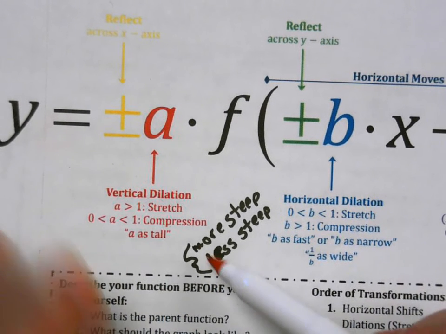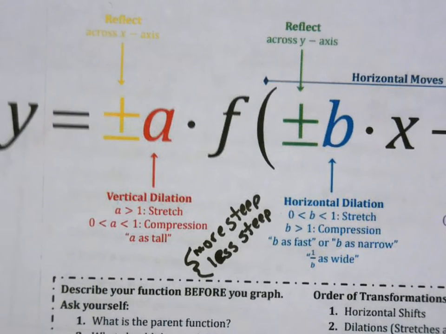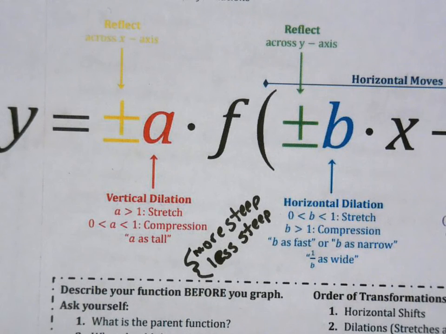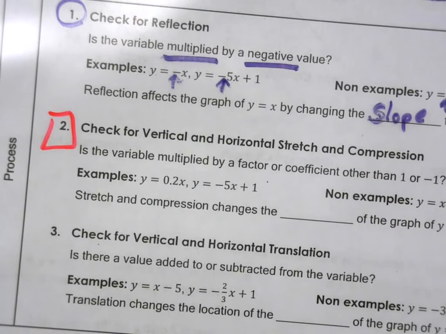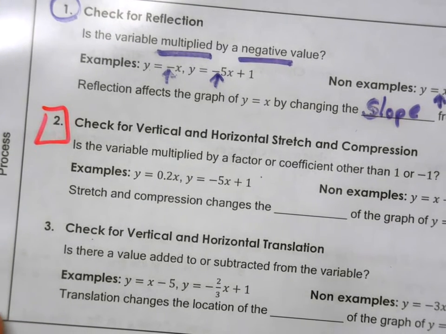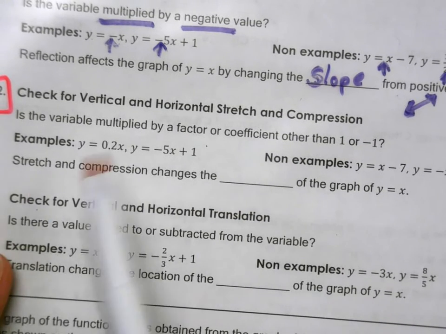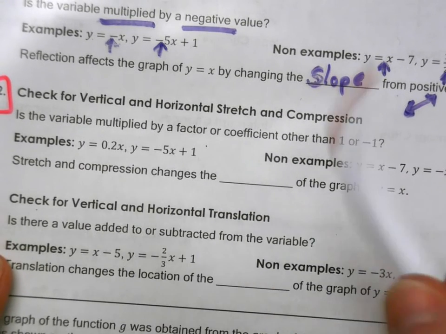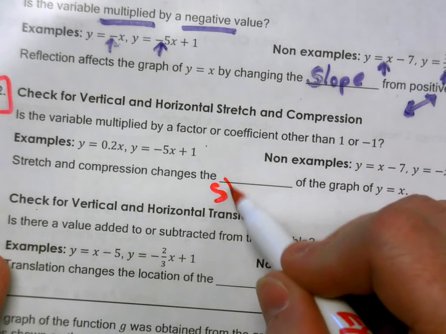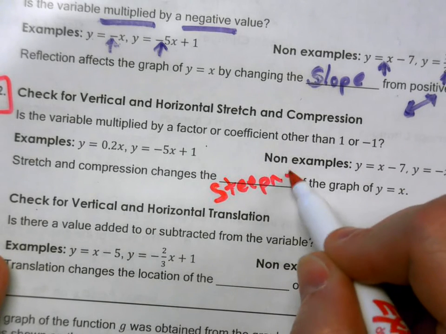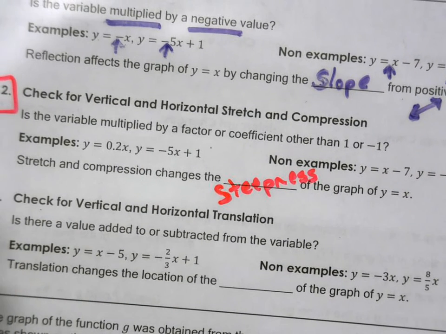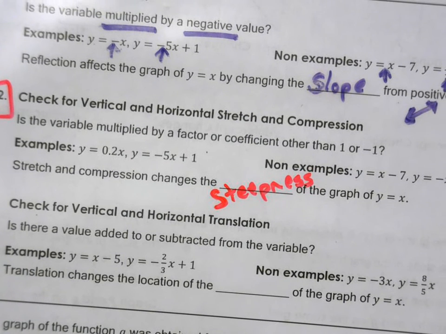So that's why we try to simplify it by just saying more steep and less steep. So what would go here in this blank, it says stretch and compression changes the steepness of the graph, y equals x.